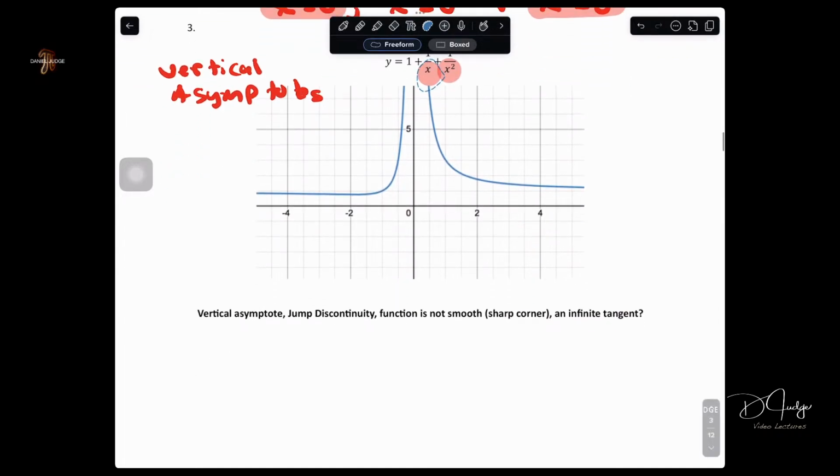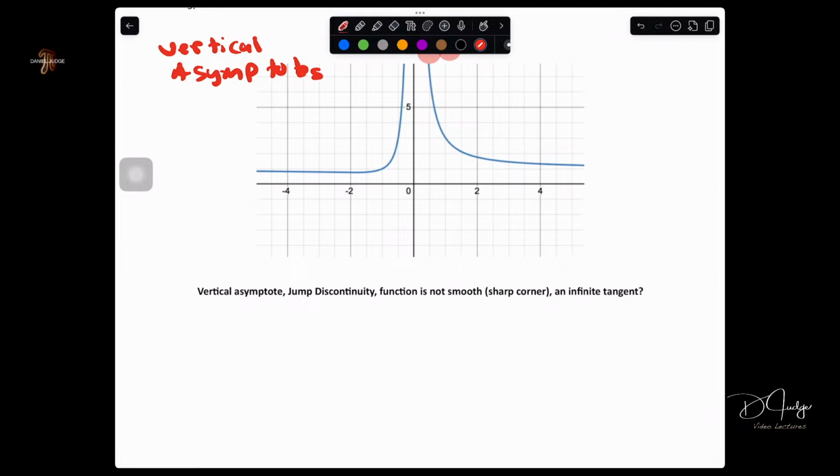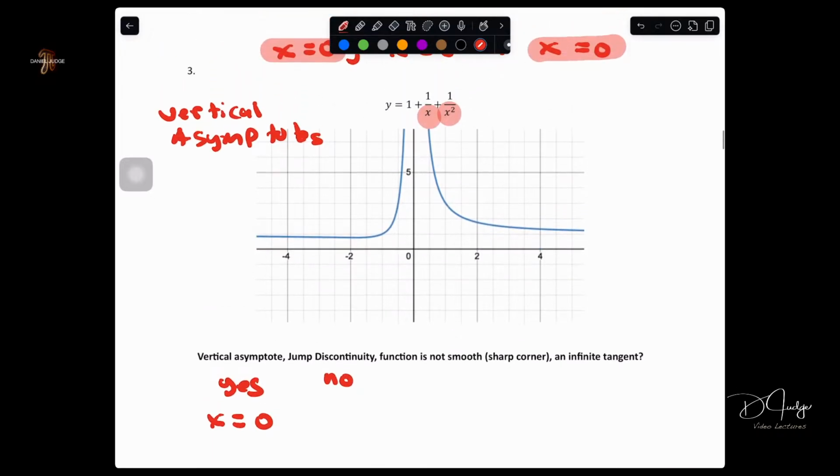So this is a yes. You have vertical asymptotes at x equals 0. There is no jump discontinuities in this curve. The function's smooth. There's no sharp corners. This is what we mean by that. You don't have a sharp corner.